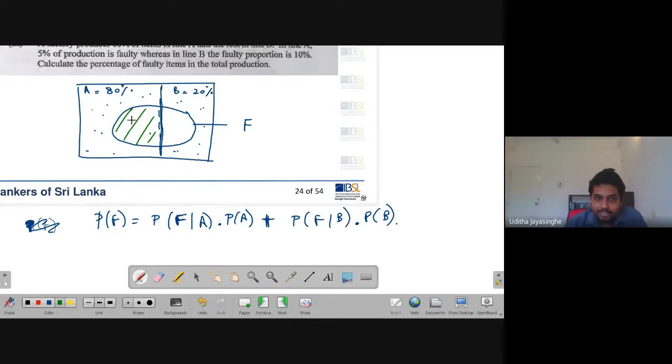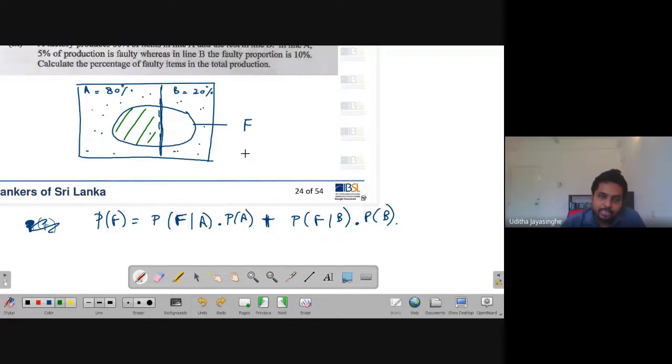If I take it as 5%, this is going to demarcate 5% from the entire production as faulty. If I take this as 10%, so this has to be 10. Is that the case? No. That's not how the question is put.